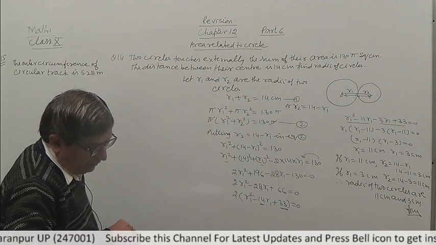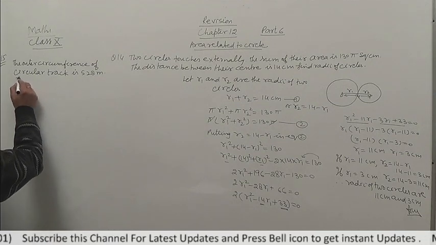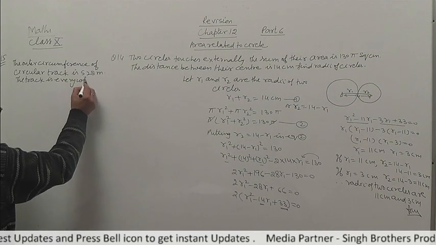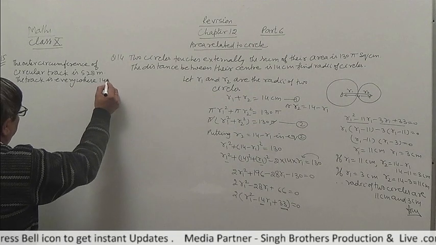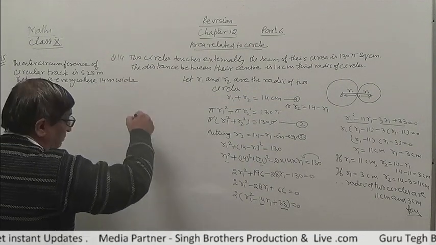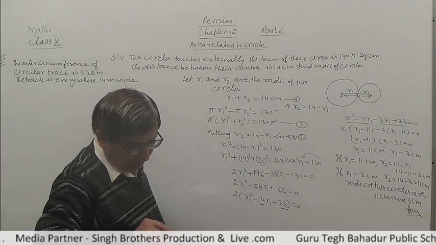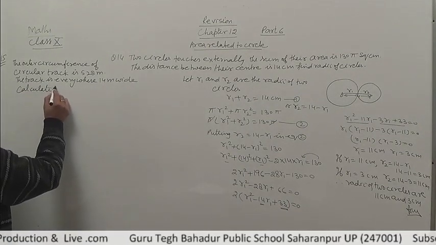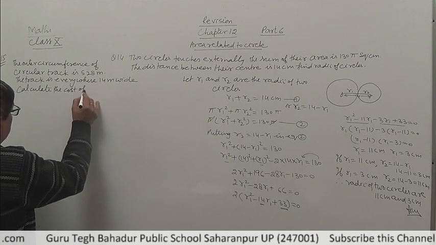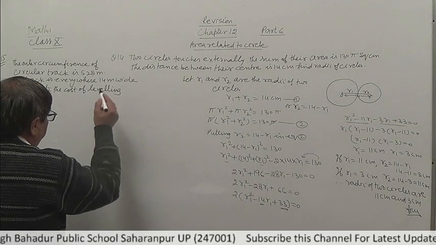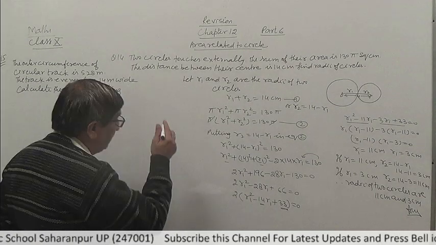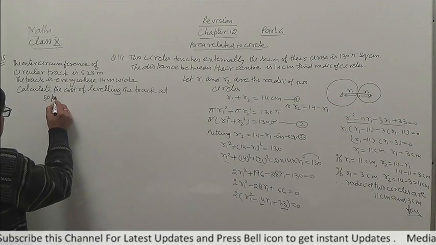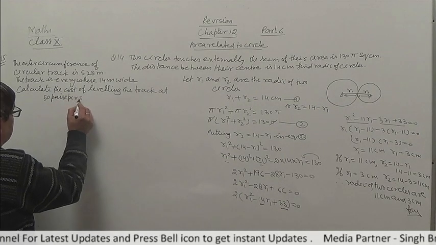The track is everywhere 14 meter wide. Calculate the cost of leveling the track at 50 paisa per square meter.